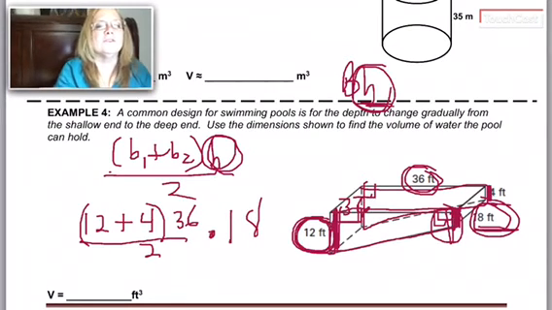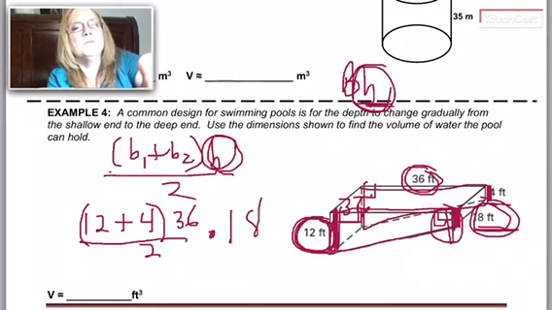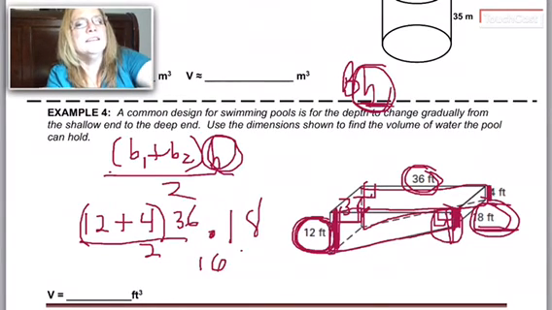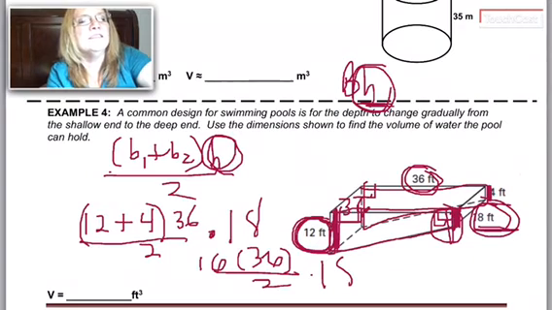Okay, that one's a little tricky. Make sure that you add the 12 plus 4 before you multiply. So this is going to be 16 times 36 divided by 2 times 18.